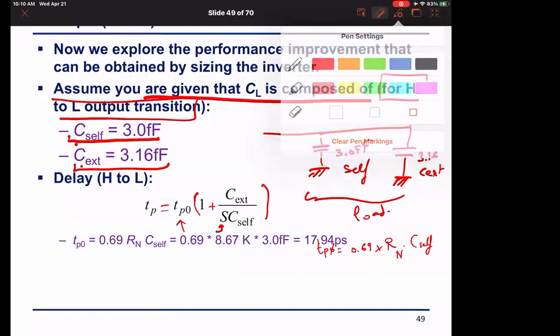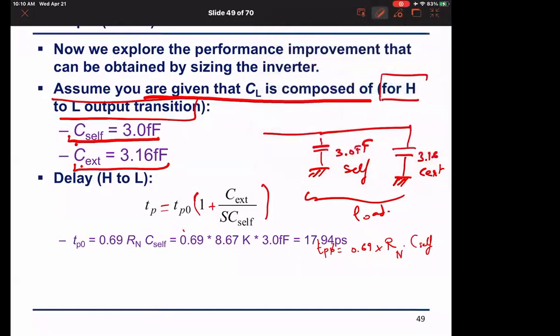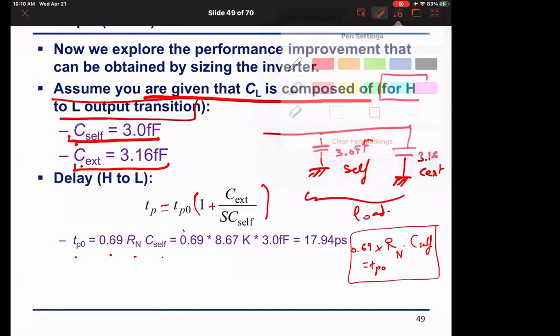So let us now look at how the equations are going to evolve. I have TP0 as 0.69 Rn times C self, so he derived it for me.